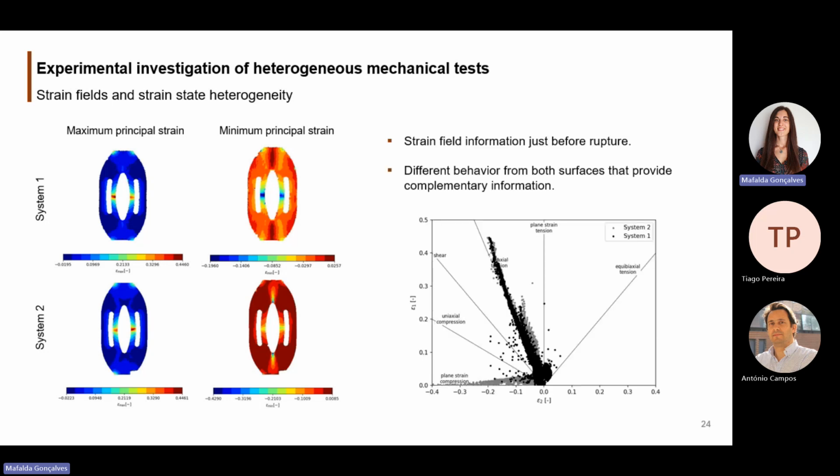We can see that both systems provide information on uniaxial tension, but system 2 also presents information on plane strain compression. This behavior observed in this test is an opportunity for material testing, since in a single experiment we can extract information on several strain states using both surfaces of the specimen, which hasn't been done before.